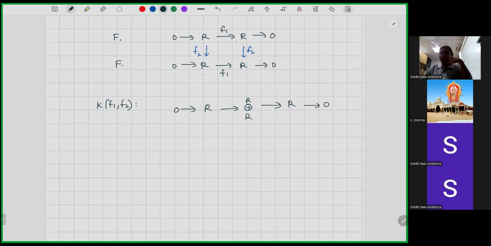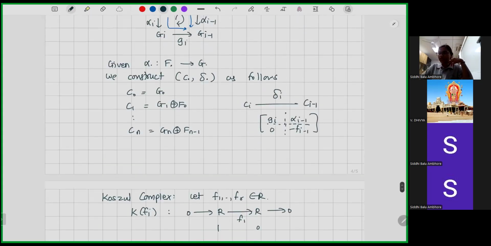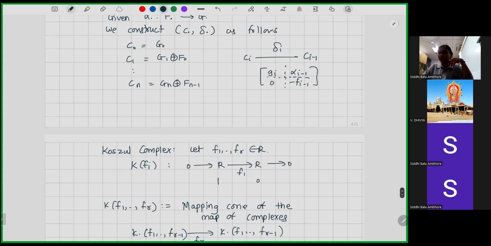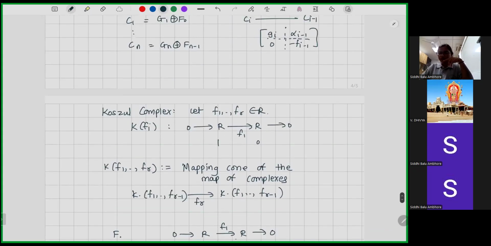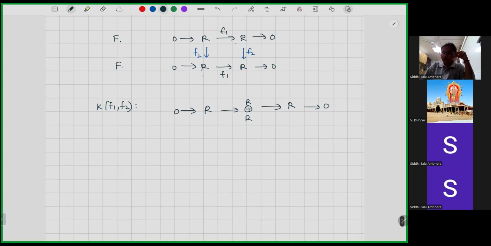And then how is the map defined? Like this, Gi, alpha i, f minus Fi minus 1. This is 2 copies going to 1 copy. So the map will be a 1 cross 2 matrix, right?